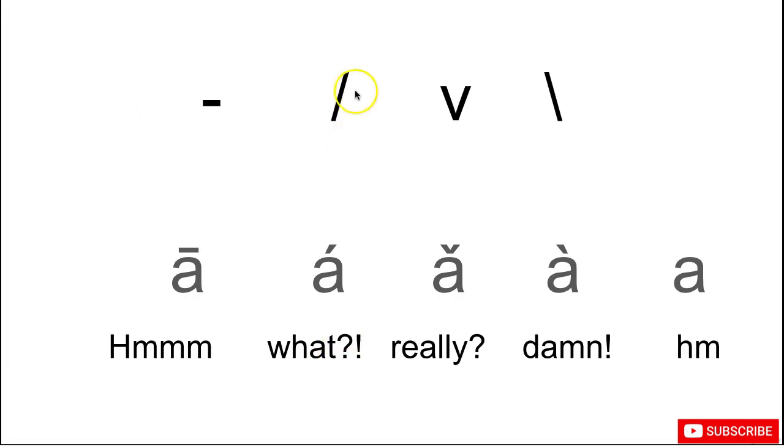And then the second tone is like saying "what?" In English, once you want to remember the second tone, you remember the word what, like an exclamation: what? The third tone, the word you use to remember it is really, because it's a combination of the second tone and the fourth tone. The second tone is rising and the fourth tone is falling, so this is the falling and rising tone, the third tone.